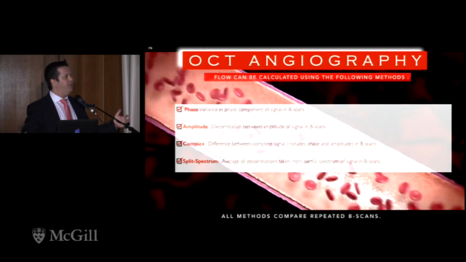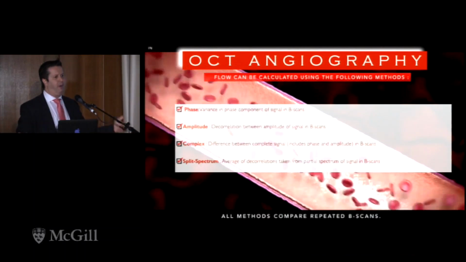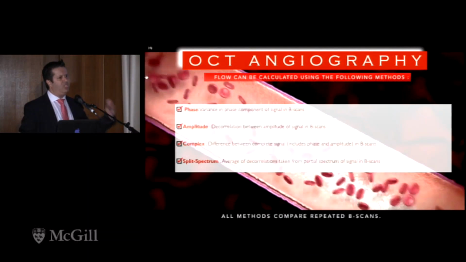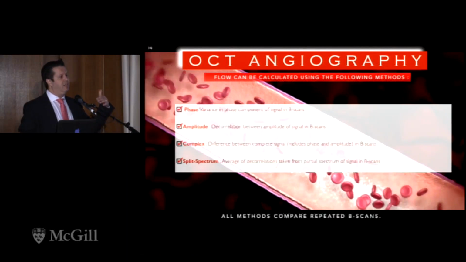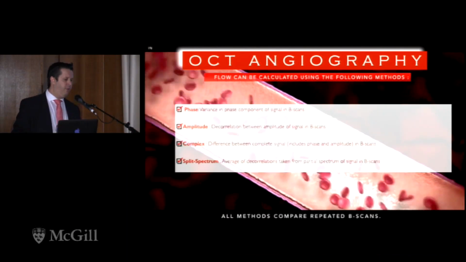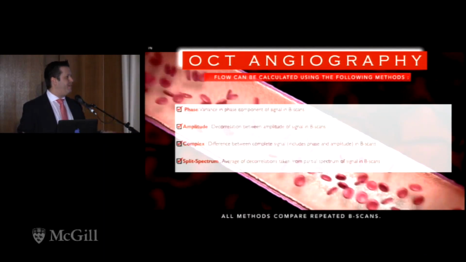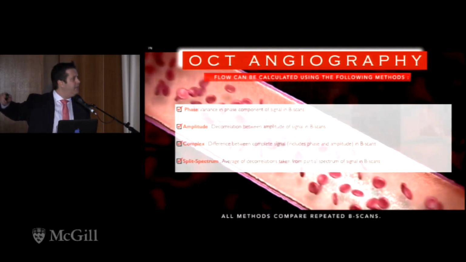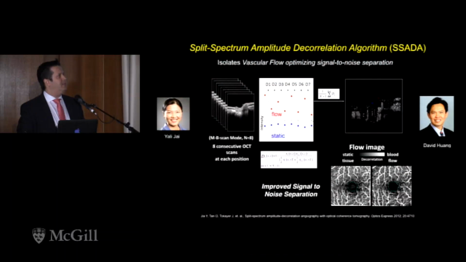But I want you to know that we're able to calculate the flow using OCT angiography in a much better fashion, with better detail than regular fluorescein angiography. The methods compare repeated B scans, and the method most used all over the world is the one developed by David Huang and Yali Jia. It's called split spectrum amplitude decorrelation angiography.